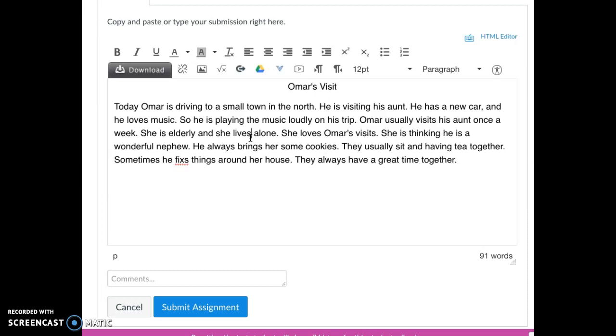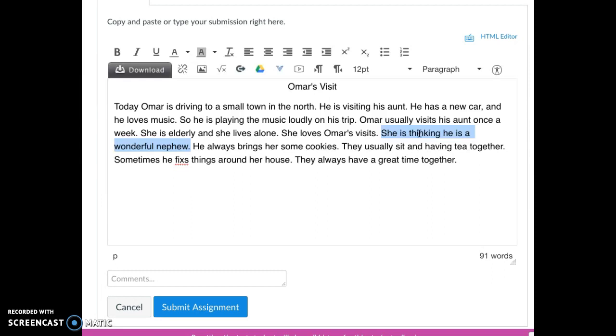She loves Omar's visits. That's a non-action verb, so that's good. In present tense, I won't change that. Let's go to this next one. She is thinking he is a wonderful nephew. Think is one of those tricky verbs because there's the action meaning where you're working in your brain to understand. That's an action, right?